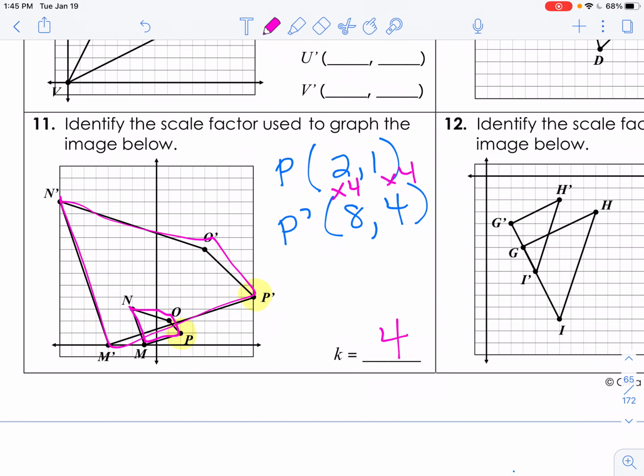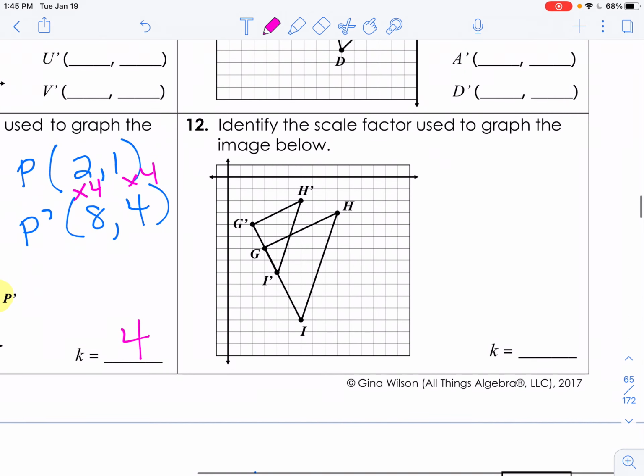Okay, let's try one more like that, number 12. Let's go ahead and zero in on a specific variable. How about we start with H, and we go to H prime. So H, the ordered pair, is 9, -3. And H prime, the second one, always go in order, is 6, -2.